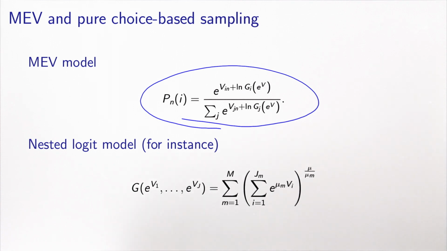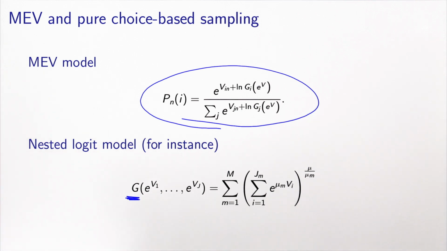The idea of the MEV model is that you have a probability generating function, and here I give you the example of the nested logit model. Based on this probability generating function, you can derive the choice probability provided by the model, which is a logit-like formulation, where each utility has a correction factor that captures the correlation among alternatives.